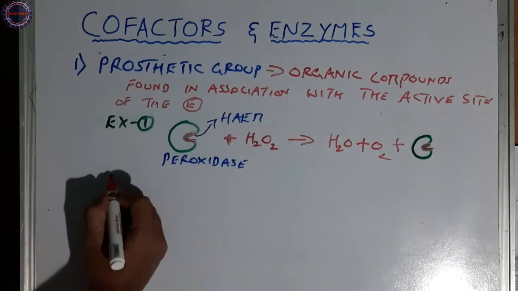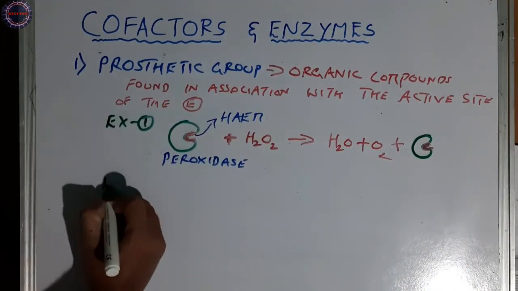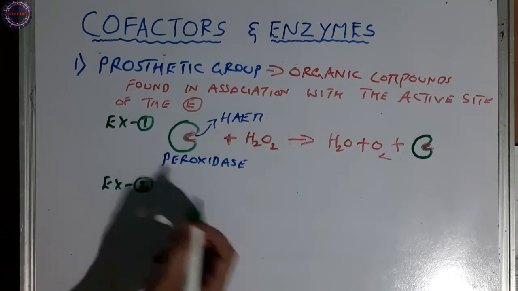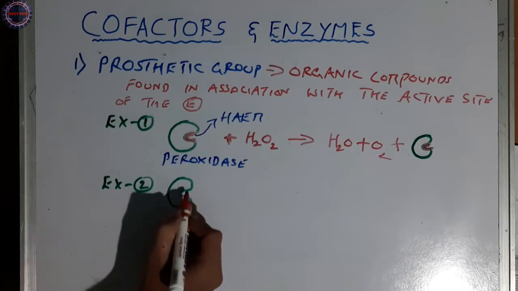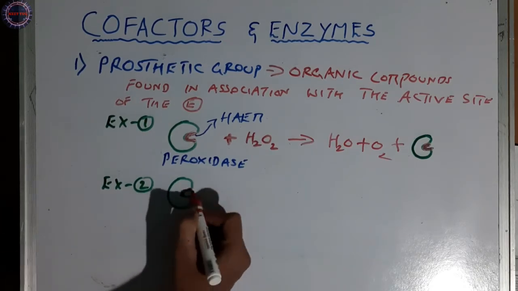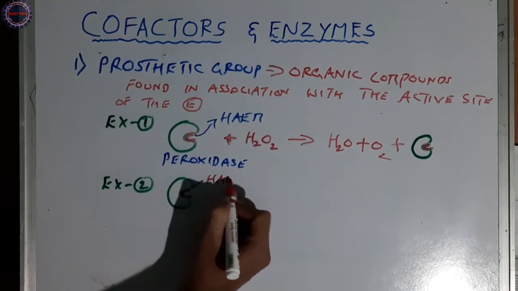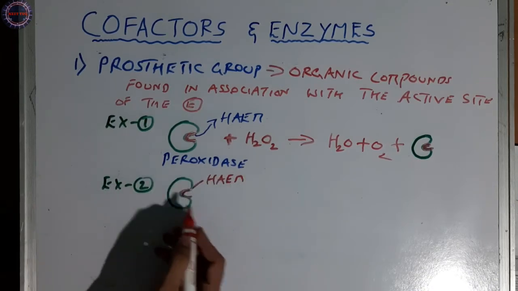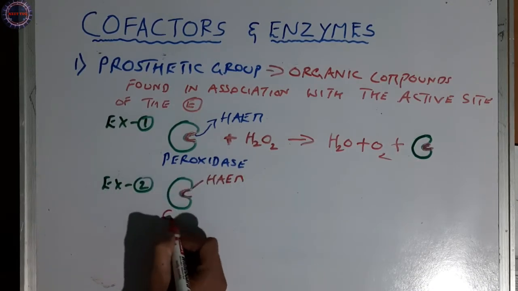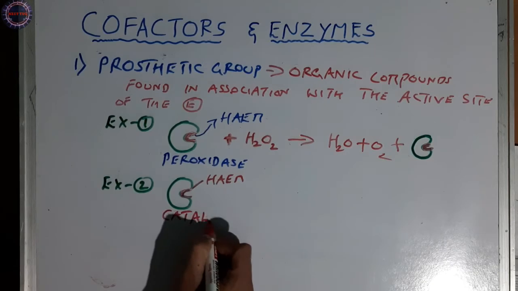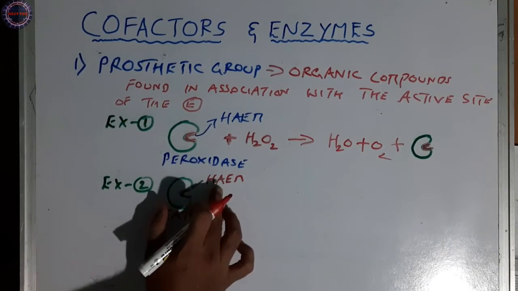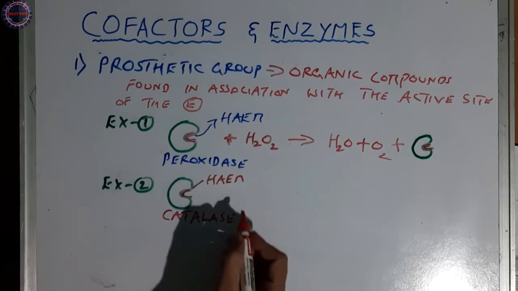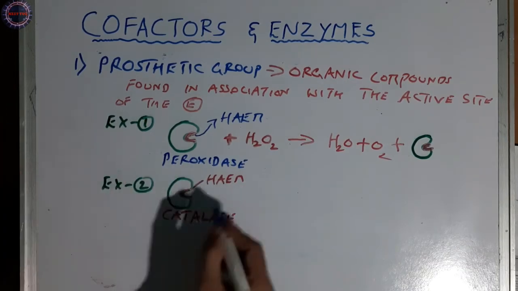We go to example number two. So we just write example two. Again I'm going to draw this enzyme, and this thing is the heme group again. So what is the name of the enzyme? This enzyme is a bit different, called catalase. Second example, the enzyme is catalase. Here the prosthetic group is heme, which is bound to the active site. Now what are they going to do?